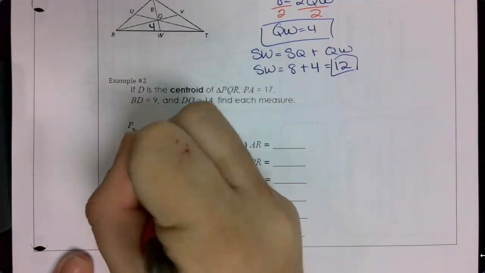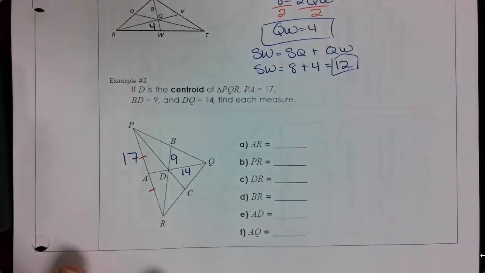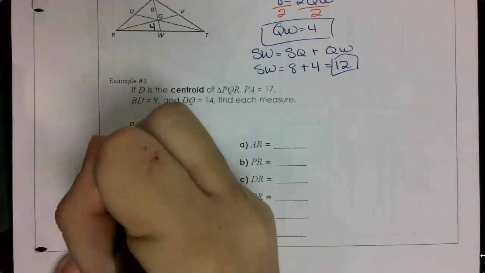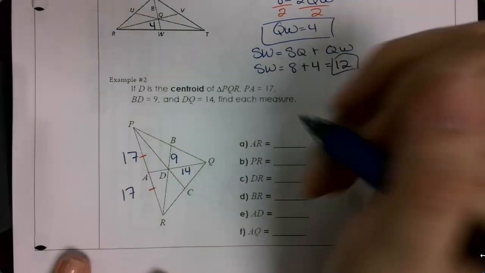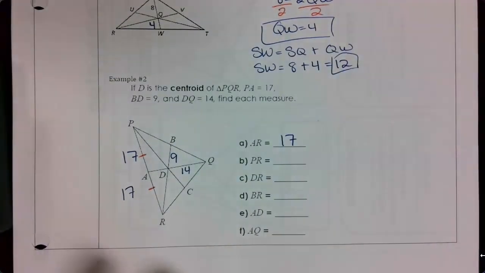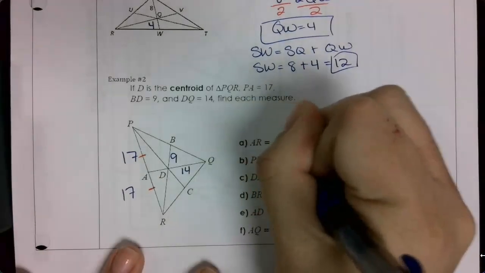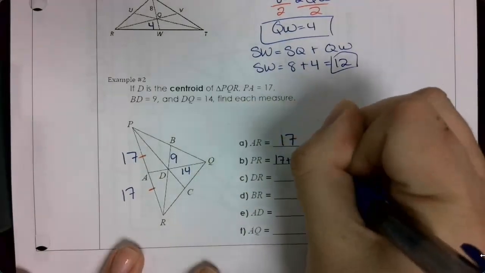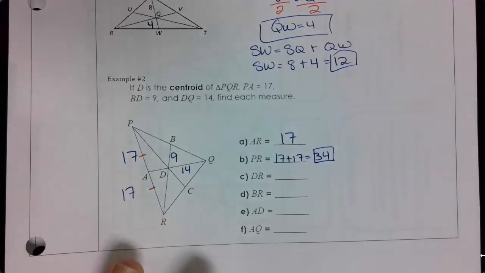Centroids are created by the midpoints of the sides, so I know that these two halves have to be the same. So they're both going to be 17. Then PR is the entire length across, so I want to add the two 17s together. That gets me 34.